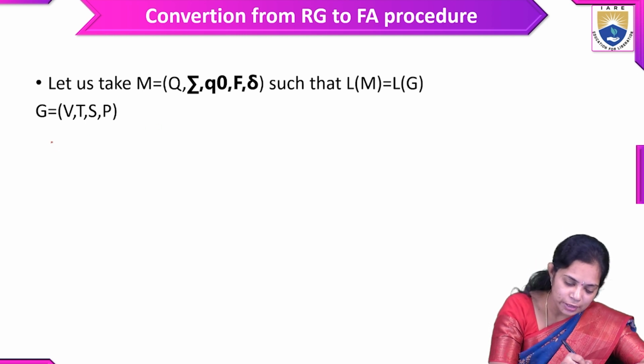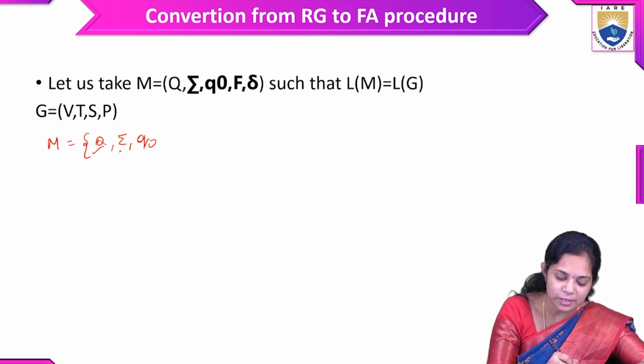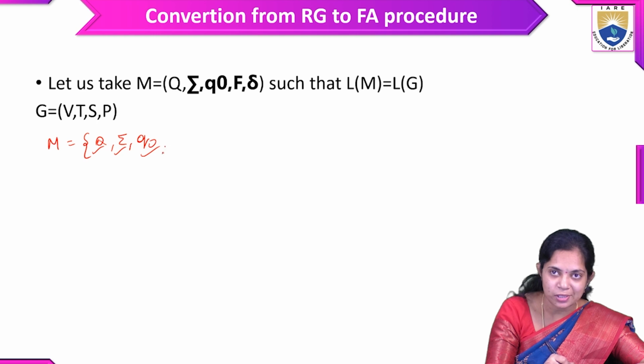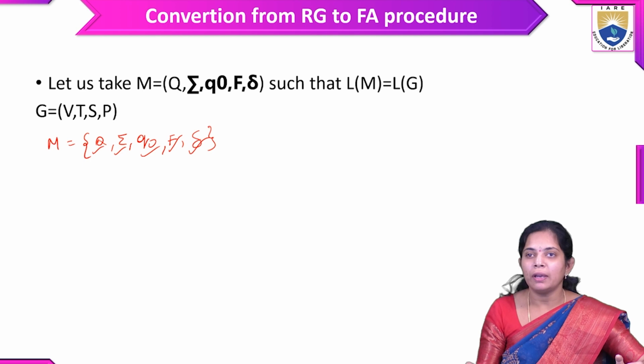We have a finite automata which contains a 5 tuple: Q is a finite set of states, sigma is the input symbol, Q naught is the initial state, F is the final state, and delta is the transition function. Here we have to equalize this to a grammar.